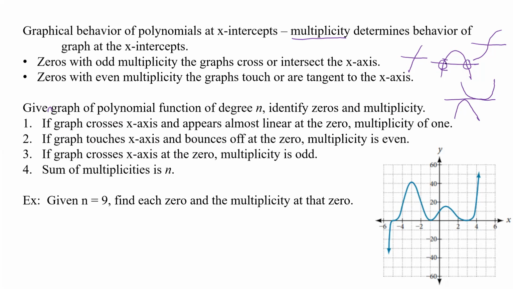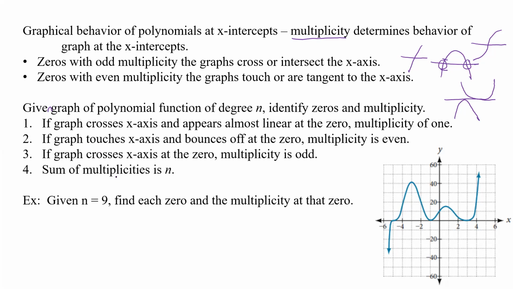When it was linear, it's an odd 1, but otherwise it's going to be an odd 3, 5, 7, or something like that. So something like this one, it's crossing, but it's got that curve in it. It's not linear at that point, and so that's going to be 3 or whatever, depending on what we find.